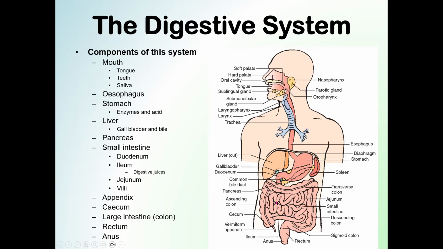That's a very important part. Then we have a very long small intestine, then a little bit called the cecum and the appendix, which you've heard about. Then a fat, short section called the large intestine, then the rectum, and eventually the anus. So we all use every part of it, if we've got it.